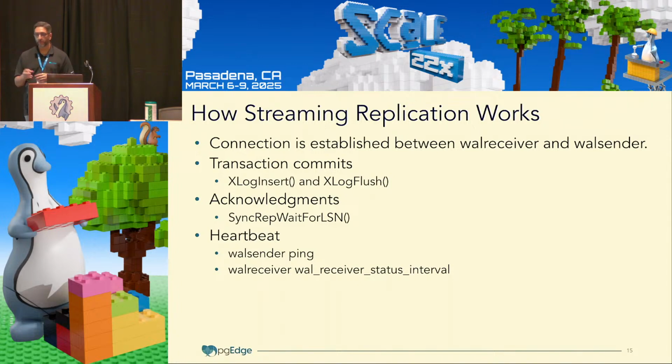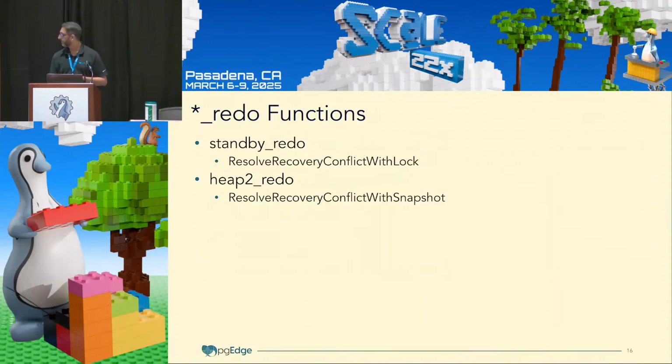In between, to ensure that the communication is healthy, you have a heartbeat where WAL sender and WAL receiver are sending messages back and forth to ensure that they're aware of one another.